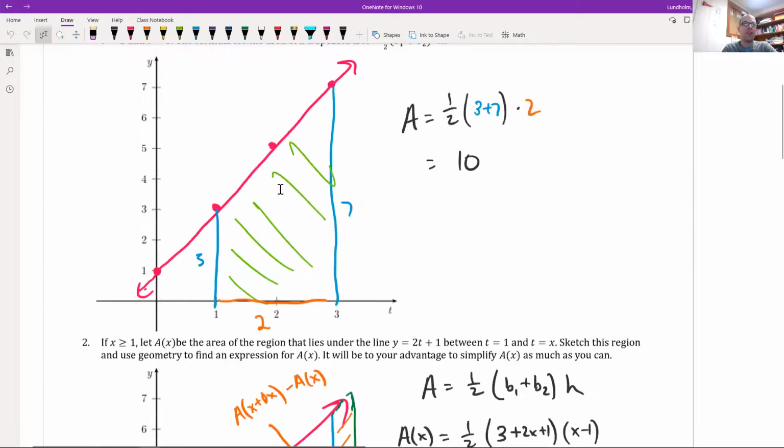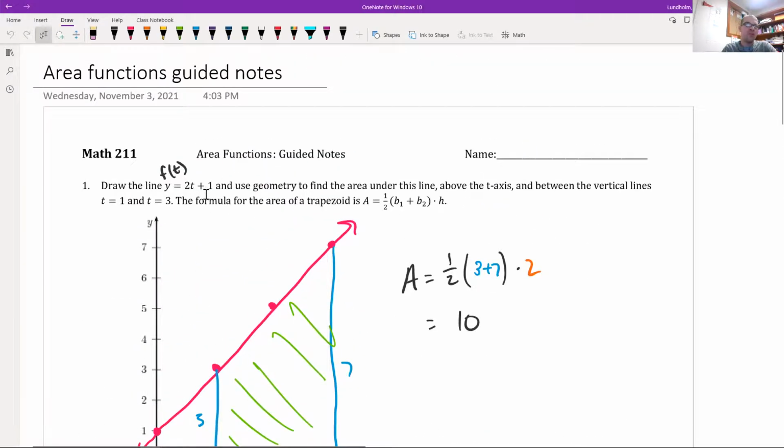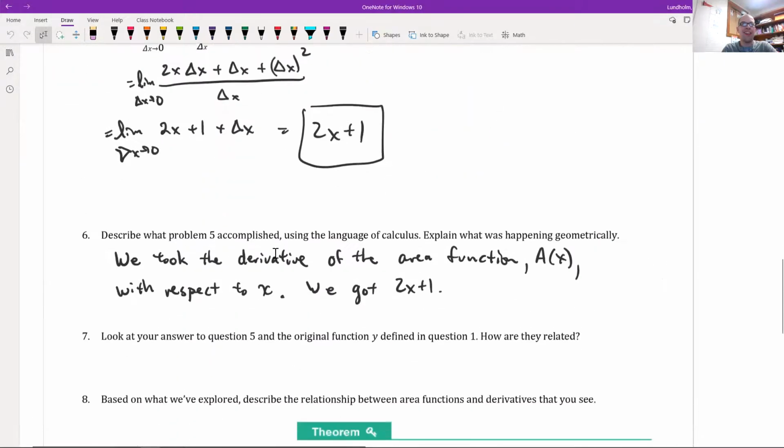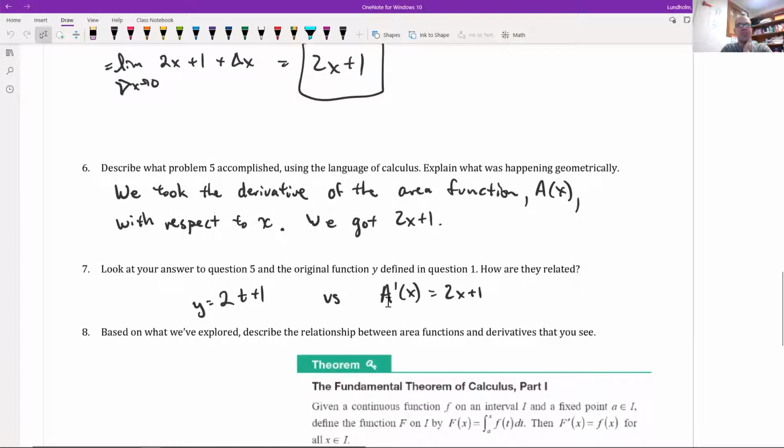We started off with f of t equals 2t plus 1, and we end up getting 2x plus 1 as the answer here. y equals 2t plus 1 versus the derivative of the area function is 2x plus 1. They look very, very similar. They're both linear functions with a slope of 2. They're basically the exact same thing with a change of variable.